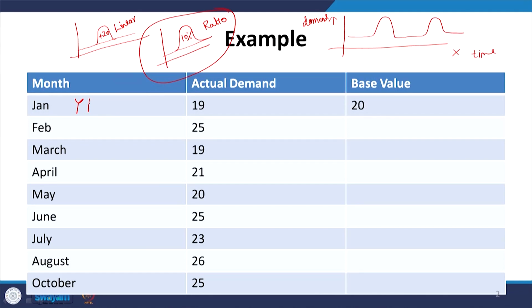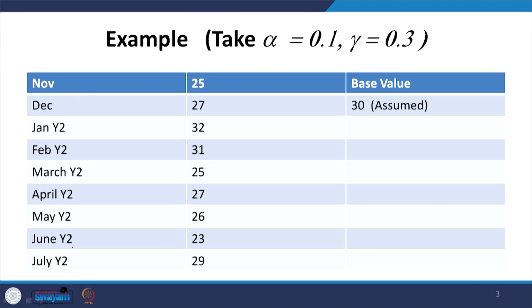We are starting from January of year 1, and this data flows into 2 slides and goes up to June of the second year, and then we will forecast with the help of this for the period of August of year 2. Now, let us see how to do this.